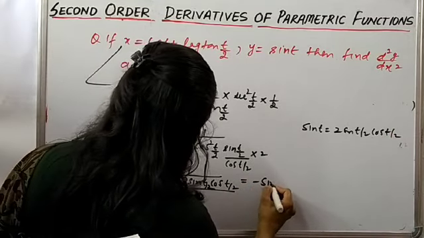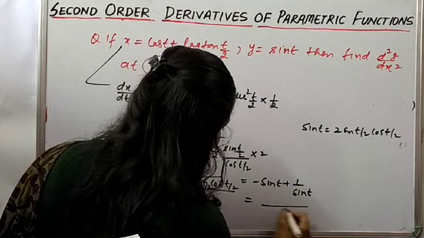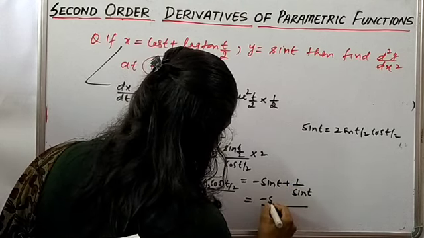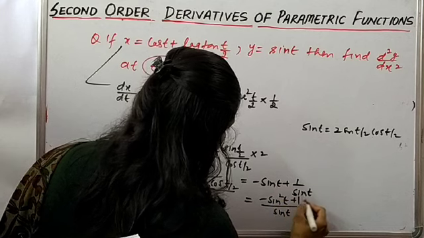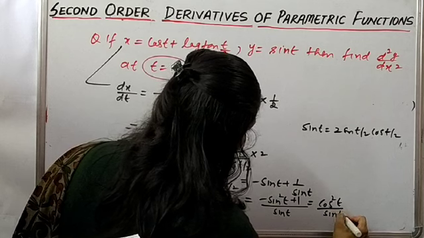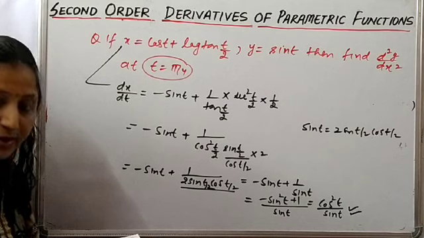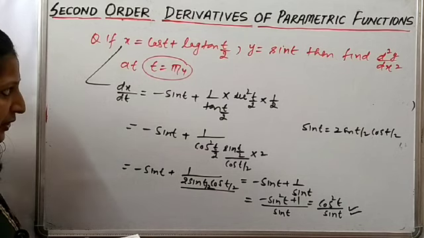So it will be minus sin t plus 1 upon sin t, and after simplification it will be minus sin square t plus 1, and we know 1 minus sin square t is cos square t upon sin t. So dx upon dt is equal to cos square t upon sin t, right?